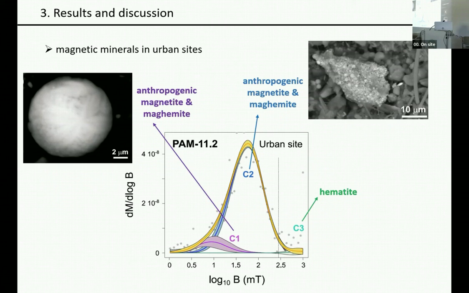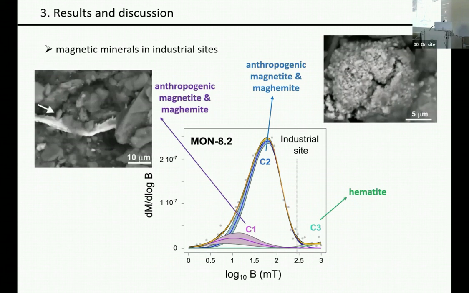There is also a second component in blue called here C2, which we also associated with anthropogenic magnetite and maghemite particles. These are irregular aggregates of iron oxide particles. And there is a third component composed of hematite, for which at this point no clear indication of its origin can be made.